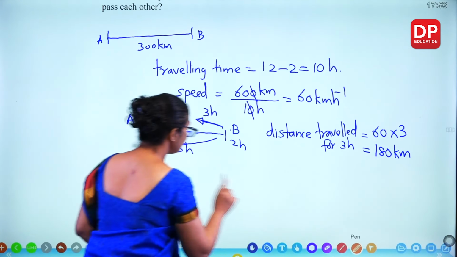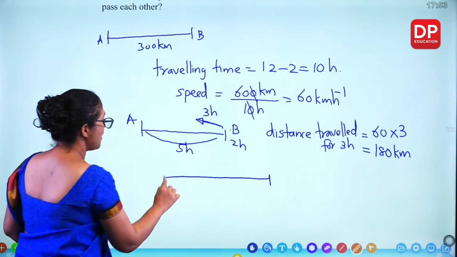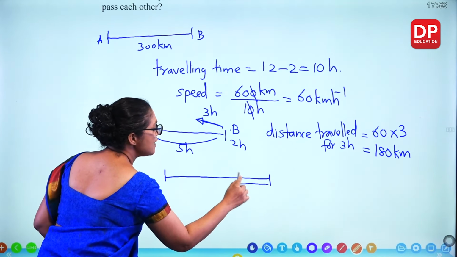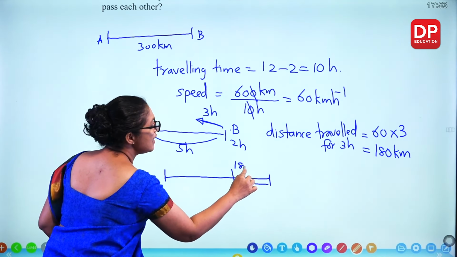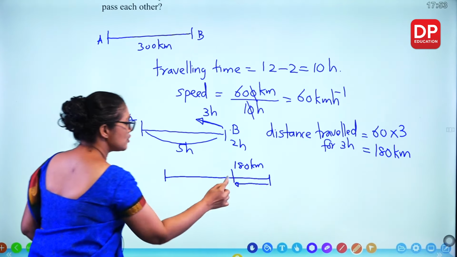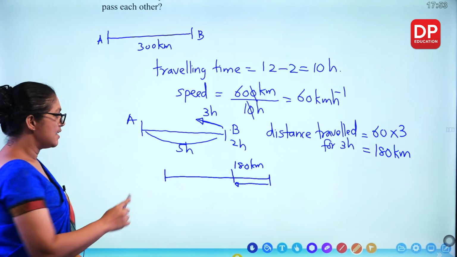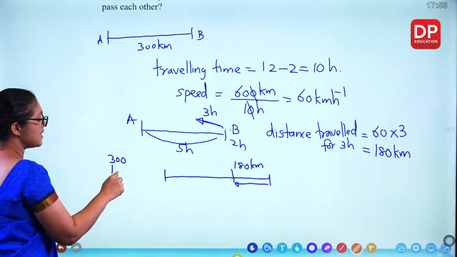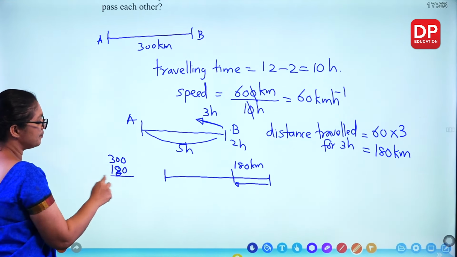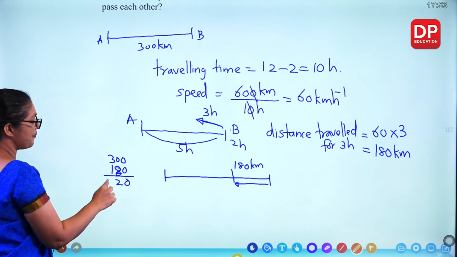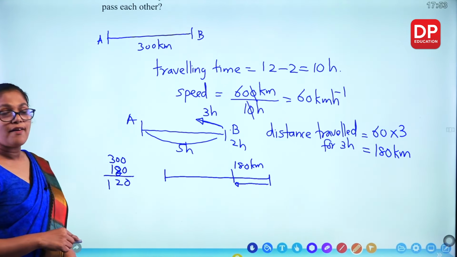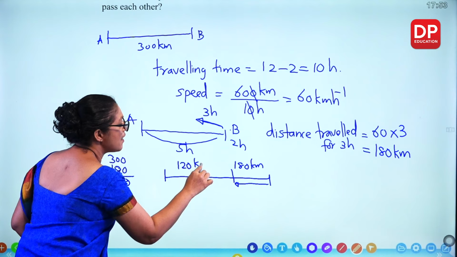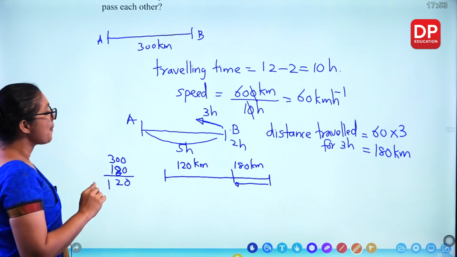Altogether 300 kilometers are there, and this train traveled 180 kilometers. So what is the remaining distance? 300 minus 180. You get 120 kilometers.